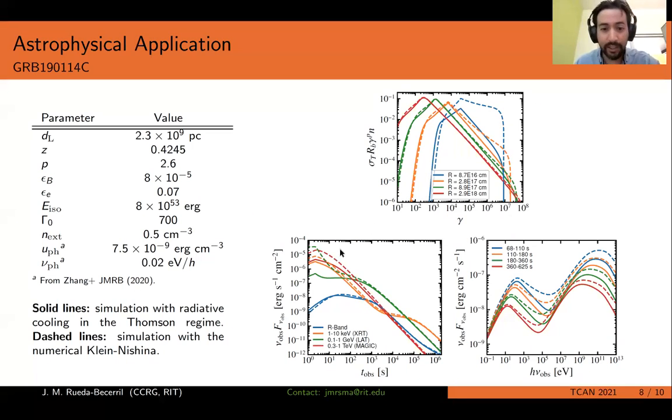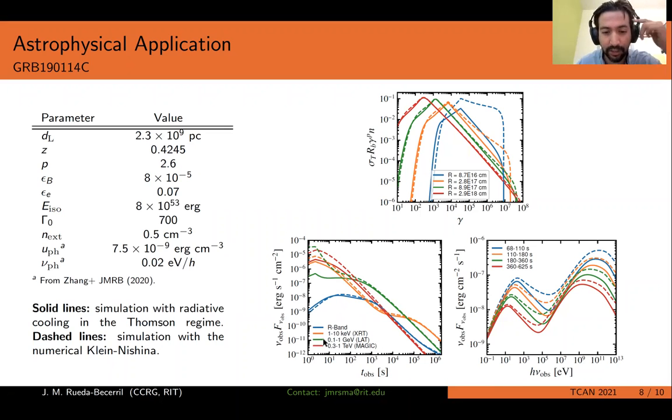And this is translated into the light curves. In the light curves we can see a significant difference between the two cases in the high energy bands.